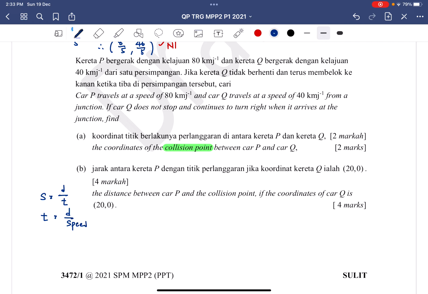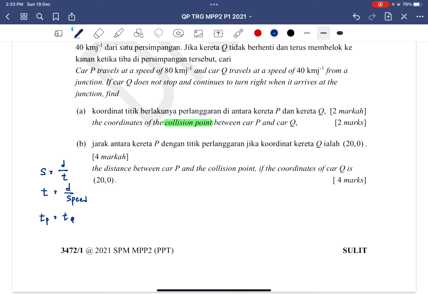Okay, so I have a concept, which is the time for P and the time for Q will be the same. So in order to obtain the time for P, I need distance over speed, and for Q, I just need the distance of Q divided by the speed.